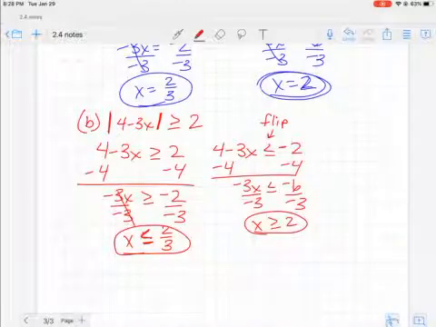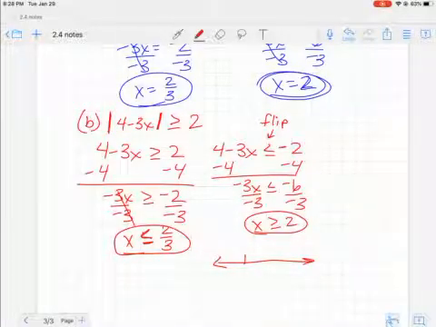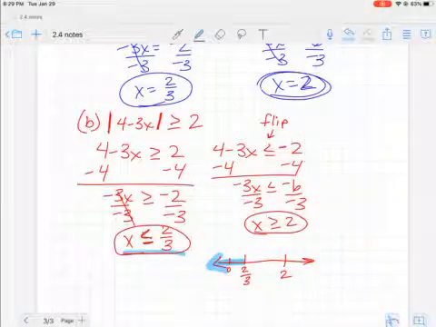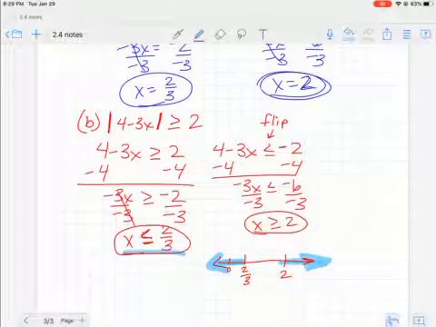If you have an inequality, you need to put that on a number line and see how it works out. So I've got 2/3 here, and I've got 2 over here somewhere. I always like to put 0 in there just to keep my bearings. And then this is saying that x is less than or equal to this 2/3, so I'm going in this direction. X is greater than or equal to 2, so I'm going to the right.